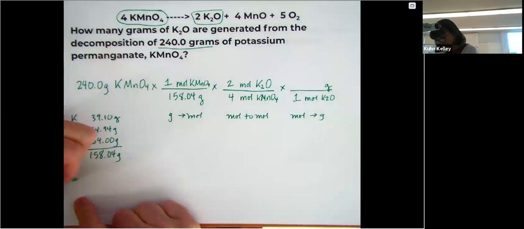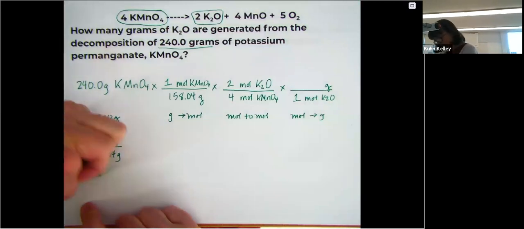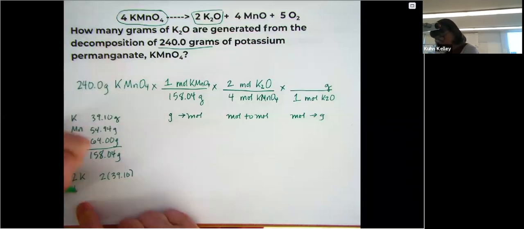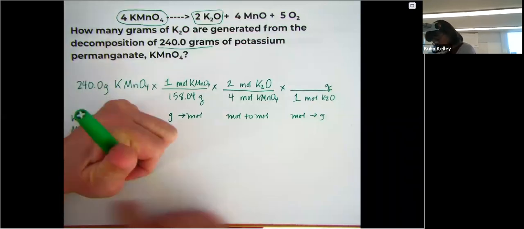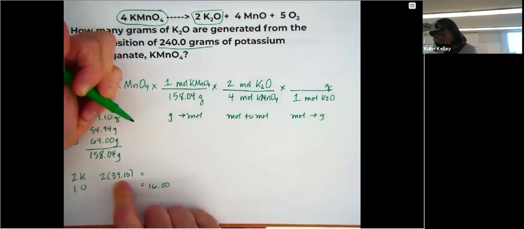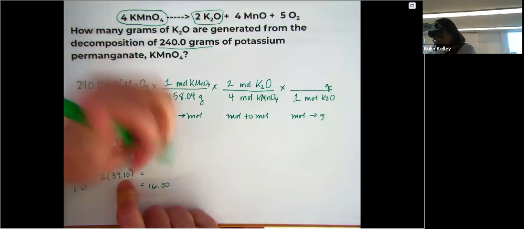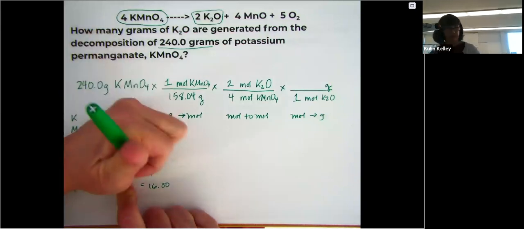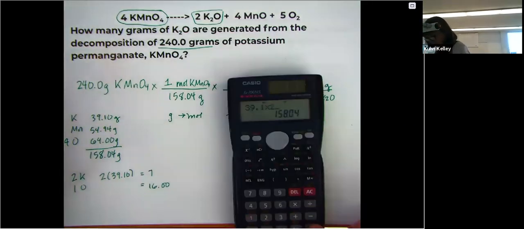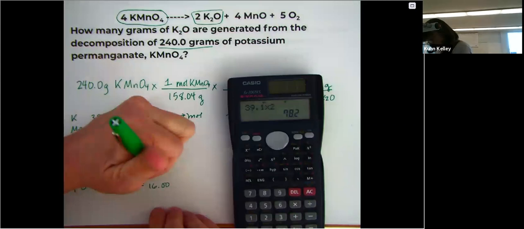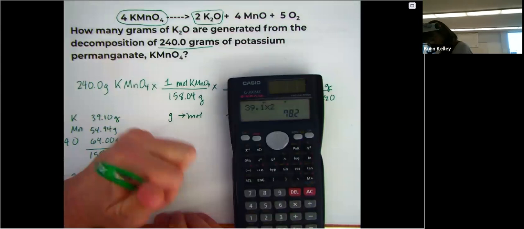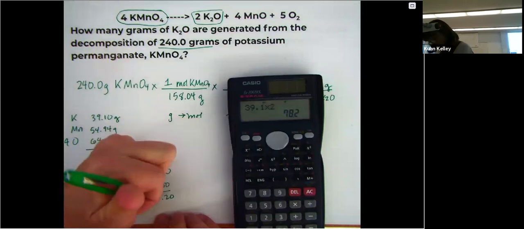I've got 2 potassiums, so 2 times 39.10, and I've got 1 oxygen, which is 16. Let me just multiply 2 times 39.10 really quickly, which is 78.2. When I add those, I'm going to get 94.20.